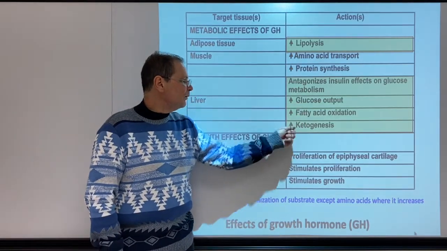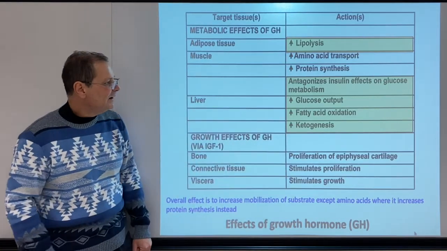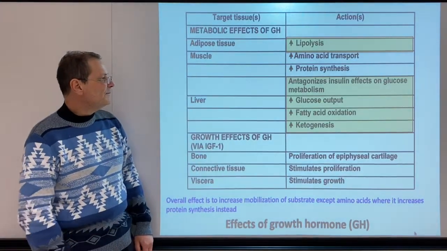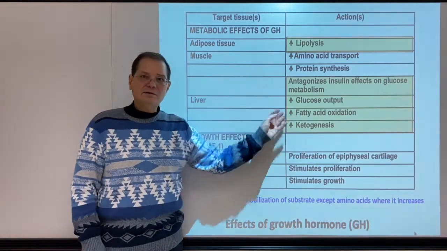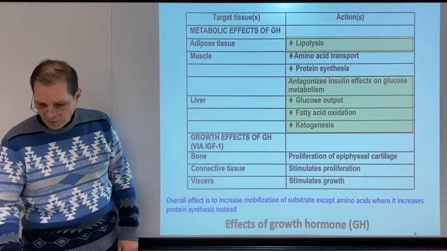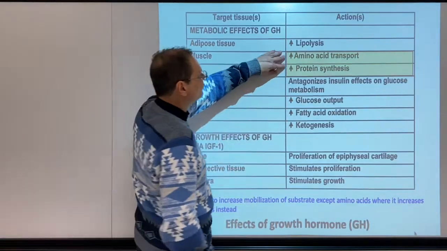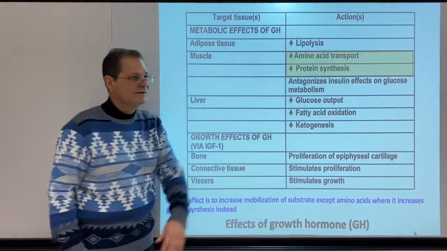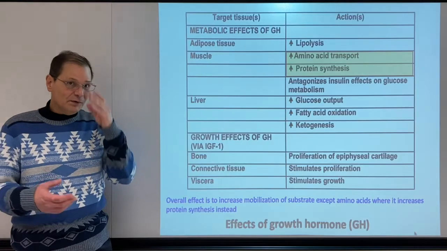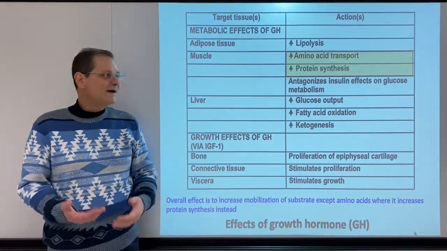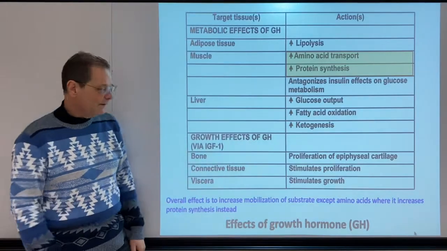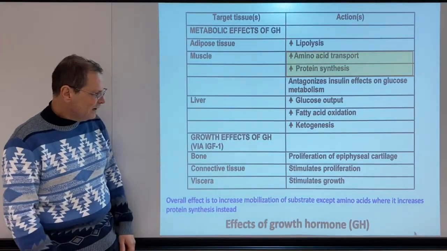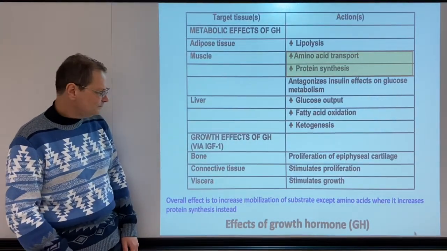And ultimately, you will bring fatty acids and keto acids up in the plasma as well, okay? So these should make sense to you based upon what I've already told you. The increase in amino acid transport, the increase in protein synthesis, these have to do with growth hormone's effects on growth and the fact that these are things that you're going to want to stimulate in order to stimulate growth. So those should sort of make sense to you as well, all right?